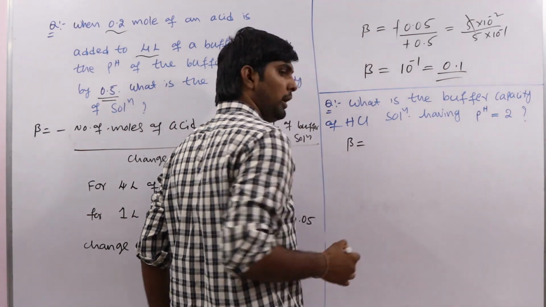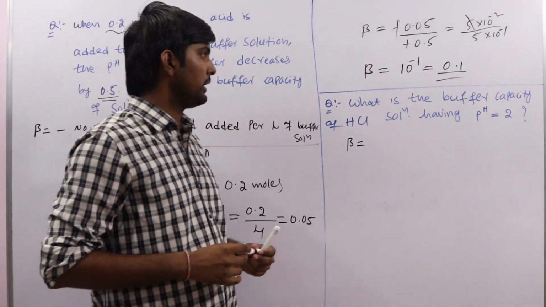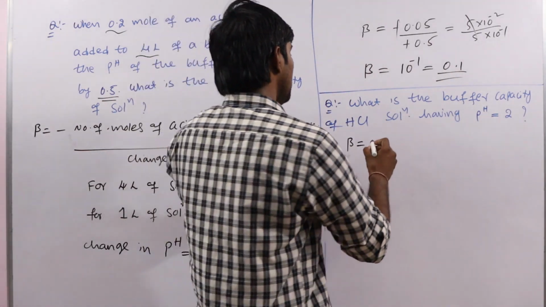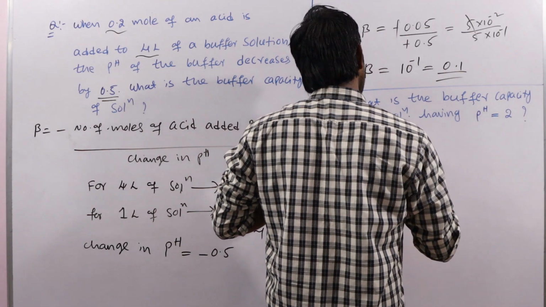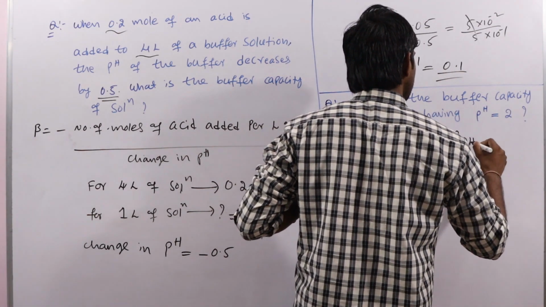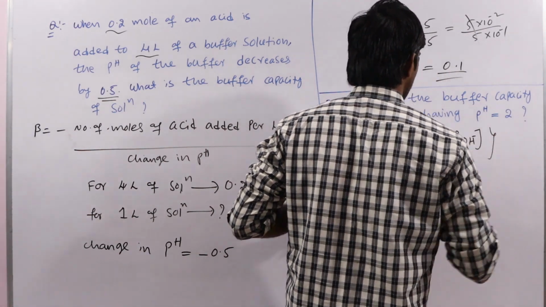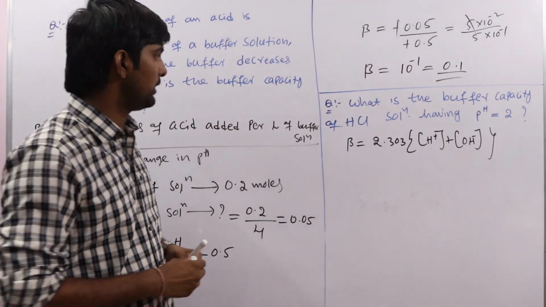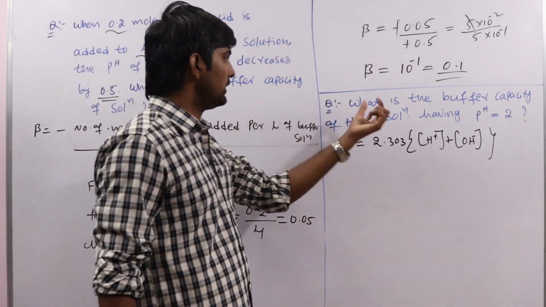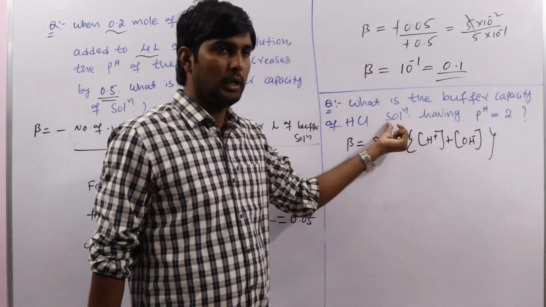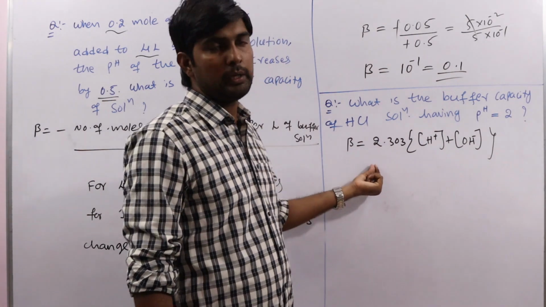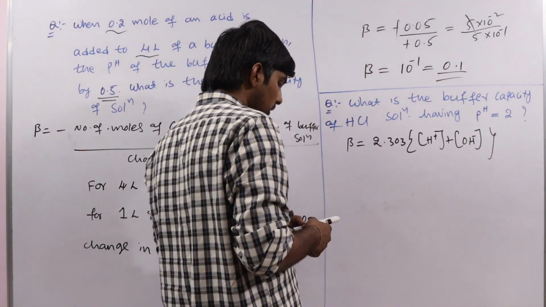For a buffer solution of strong acid or strong base, buffer capacity equals 2.303 into the concentration of H plus ion plus the concentration of OH minus ion. HCl is a strong acid, so we take this formula to calculate buffer capacity. Very important problem.